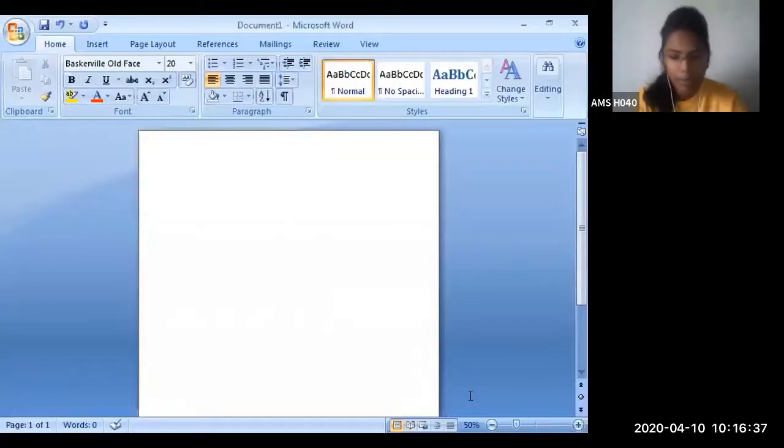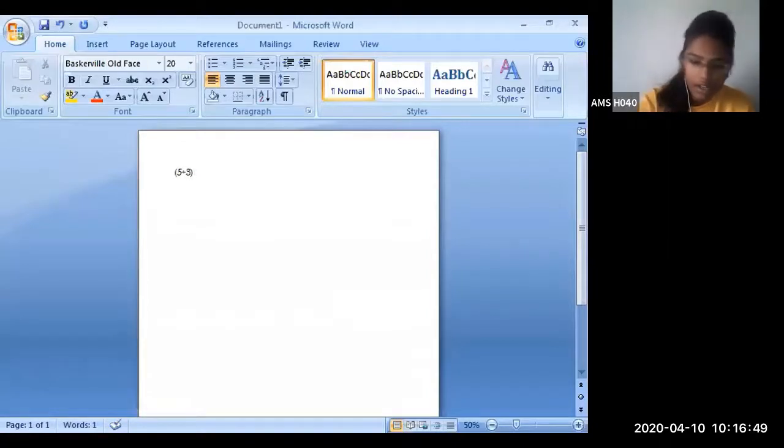Suppose I have the numbers 5 plus 3 written in brackets. This is A and B. Find A plus B plus C, which is equal to A outside and B and C inside the brackets. Did you get it?